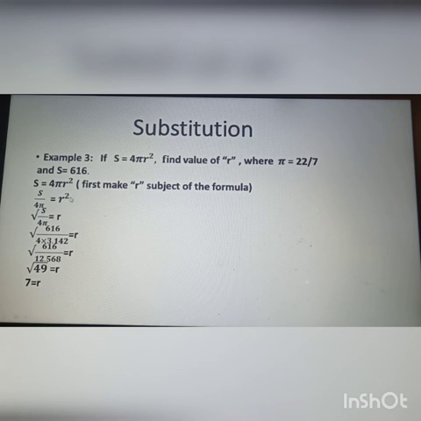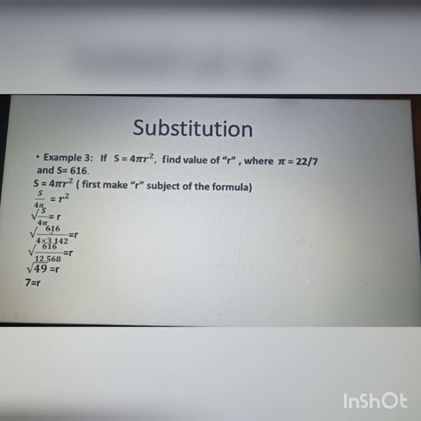Square root means taking power 1 by 2. If you take power 1 by 2 on this side and on this side, this square will be removed. So we get a single r here, and here you can see the symbol for square root of s divided by 4 pi. Now r is the subject of the formula.